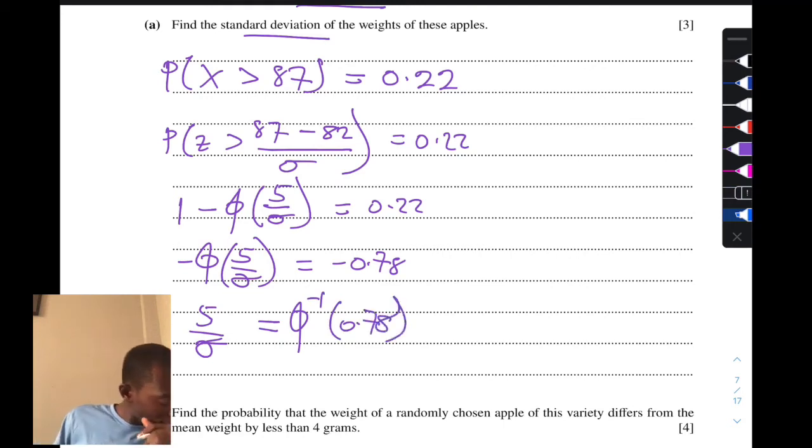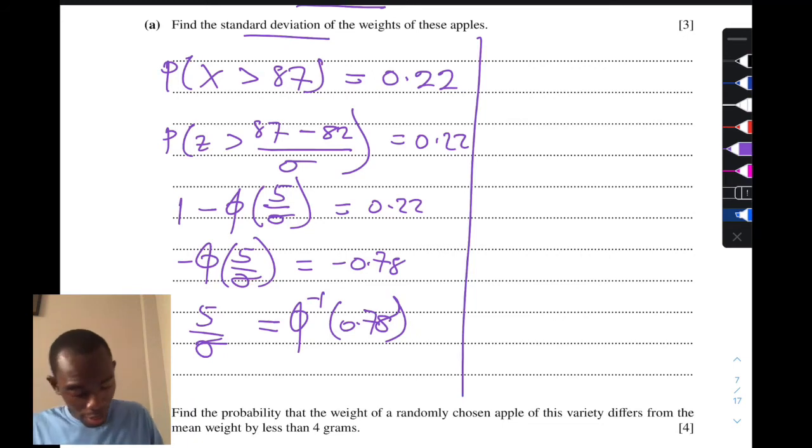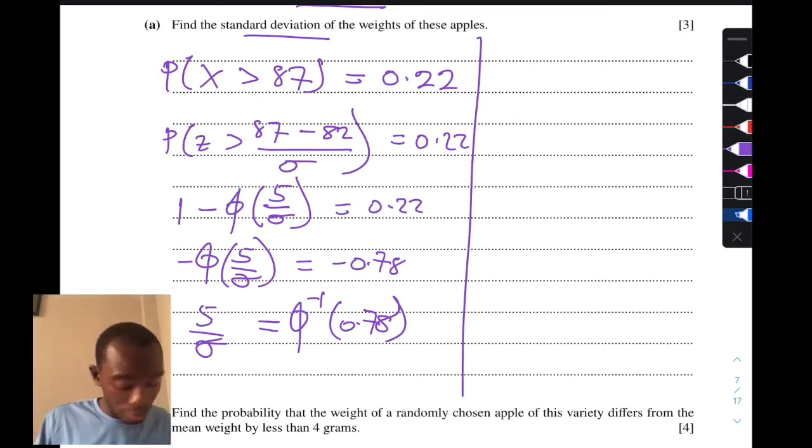And let's see, 0.78. It's not exactly on the table. So let's go to the table and read that value, 0.78, inside. I've seen 0.7881, then I've seen 0.7852, 0.7823, 0.7794.